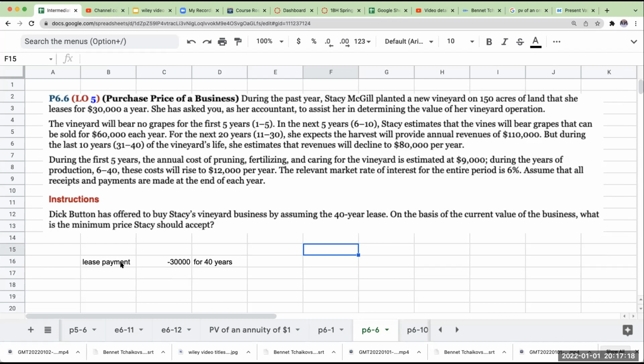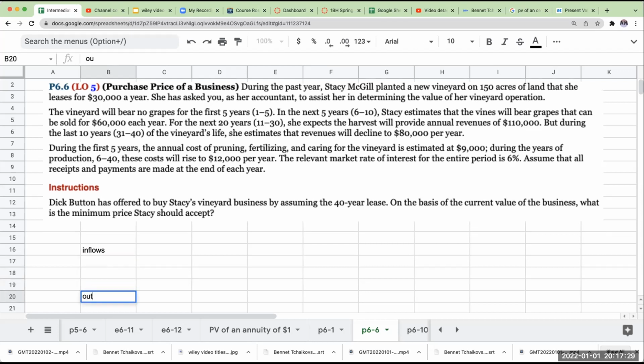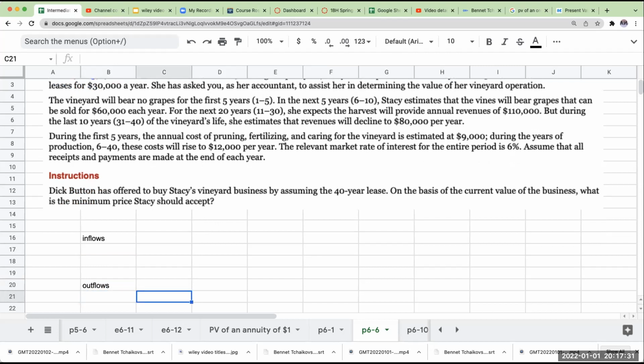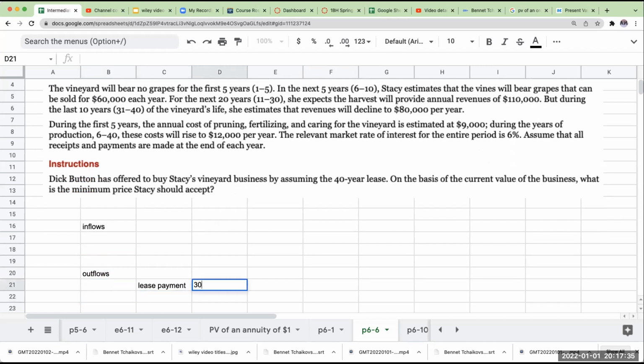Okay, so if we look at the different components of this, let's separate it out into the inflows and the outflows. For the outflows, we know that there's going to be a lease payment. It's going to be $30,000 per year, years 1 through 40.